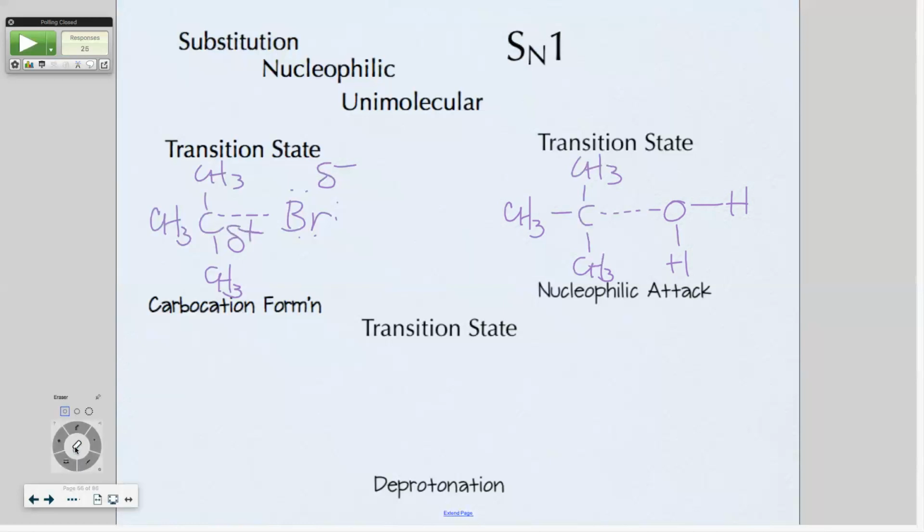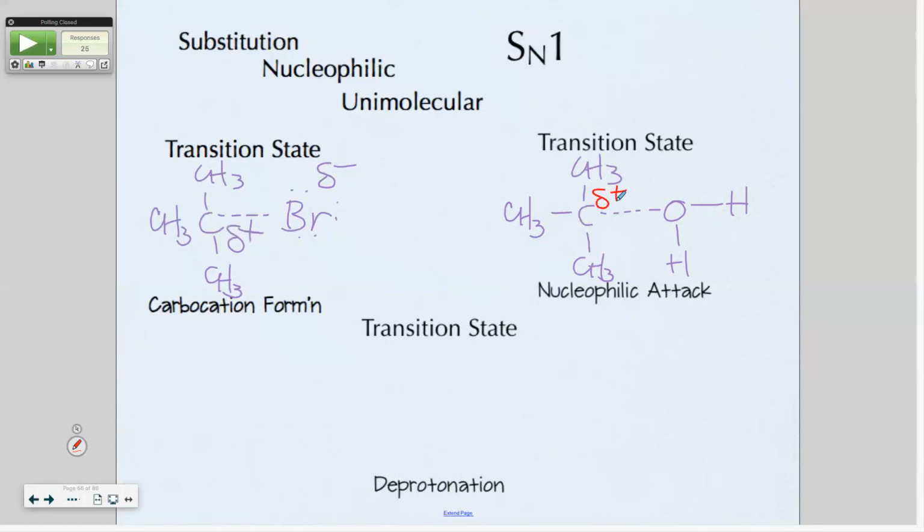Then what does the C have for charges? At the beginning of the step, it is positive, and at the end of the step, it is neutral. So what's in between? We're losing what charge on the carbon? We're losing the plus charge. So you write delta plus.